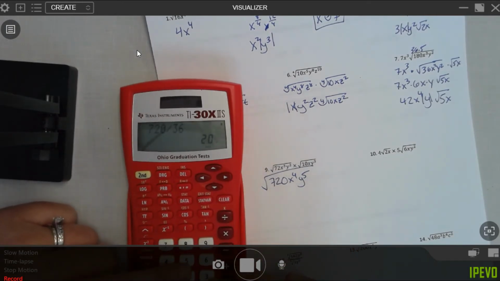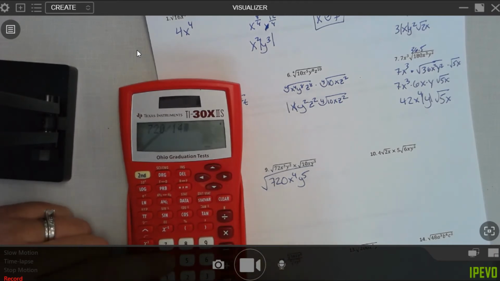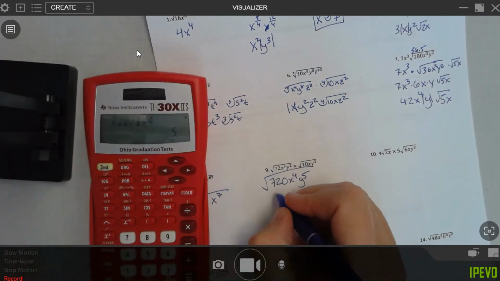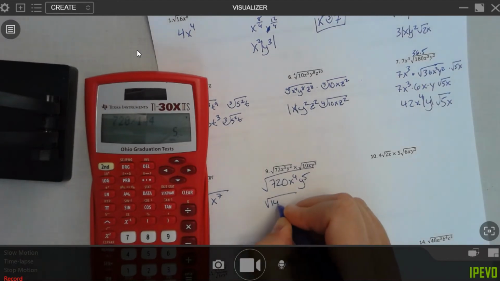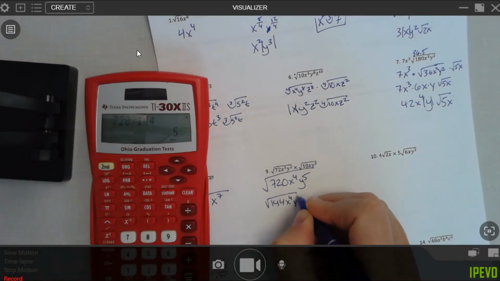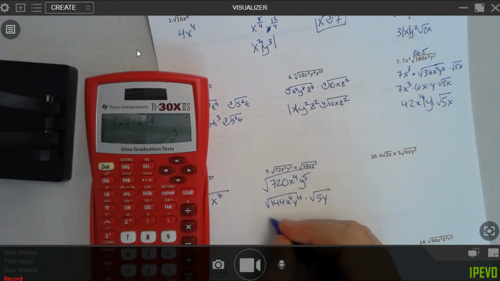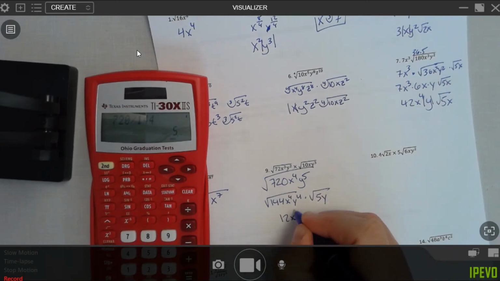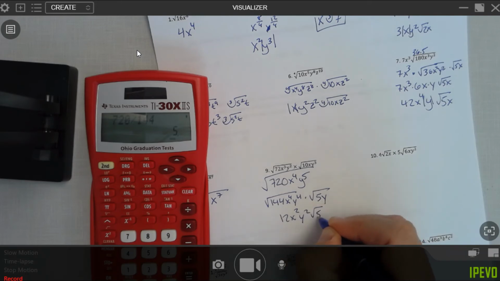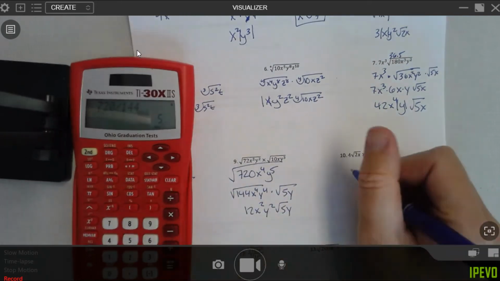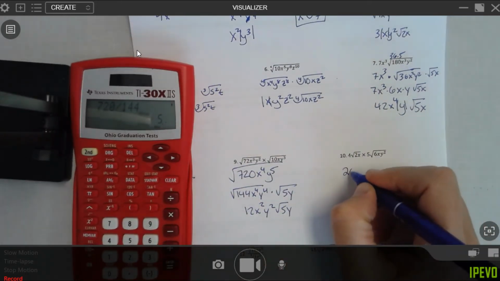Okay, bigger than 36. So it's going to be 144. Okay, so this is 144, x to the 4th, y to the 4th, and this is a 5 and a y. Square root this side, I get 12. Multiply your outside numbers here.